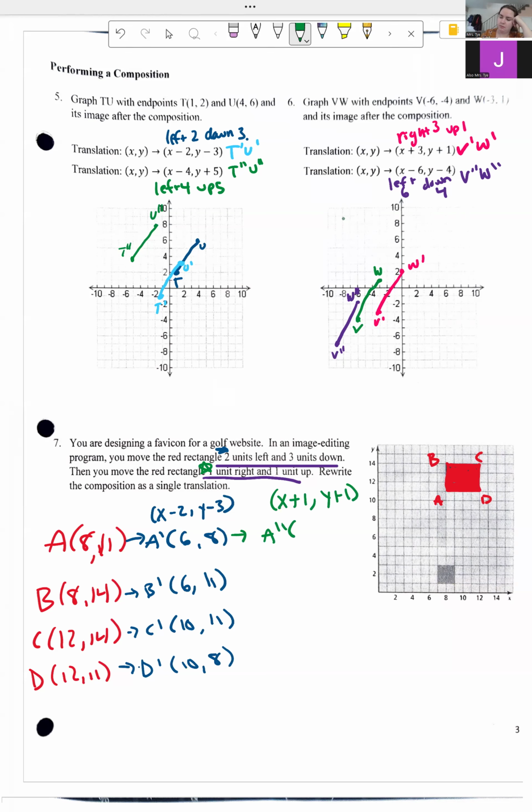So A double prime, remember we're moving from this one, so we're going to add 1 to 6, and that's going to be at (7, 9). B double prime is at (7, 12). C double prime (11, 12). D double prime (11, 9).